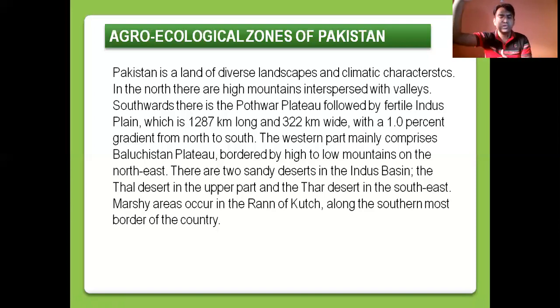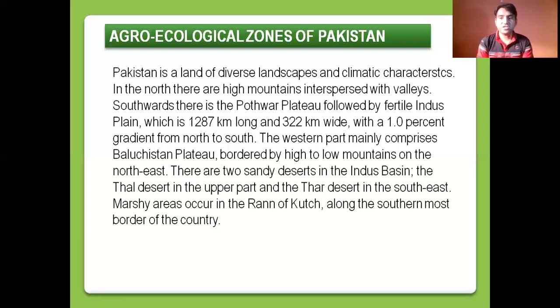What does it mean? If you are coming from the north toward the south, you will see that Pakistan has a slope. It will go lower, that is, it is a sloping gradient. The height will keep decreasing, so by 1% it will be reduced or lessened.